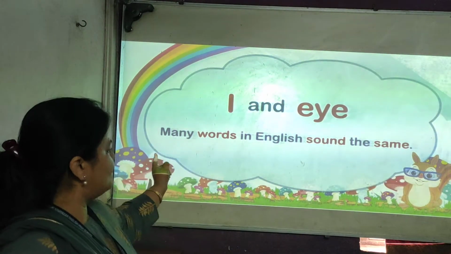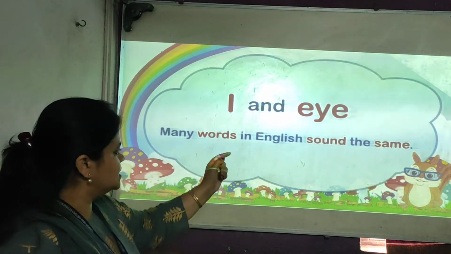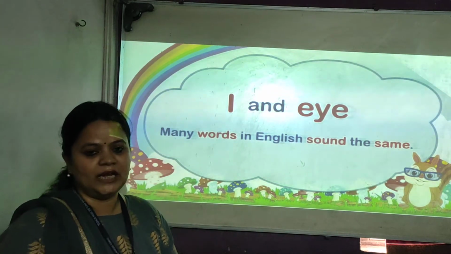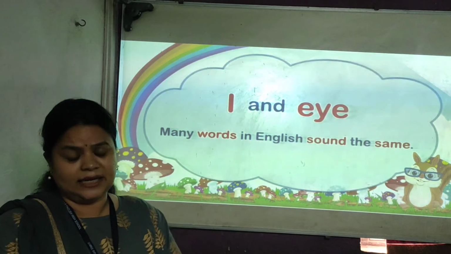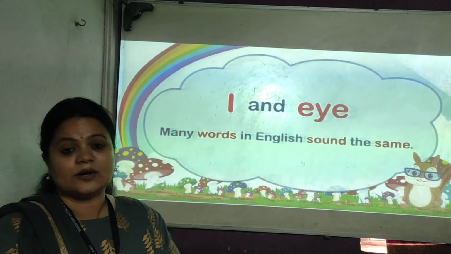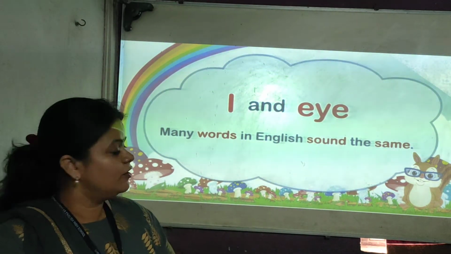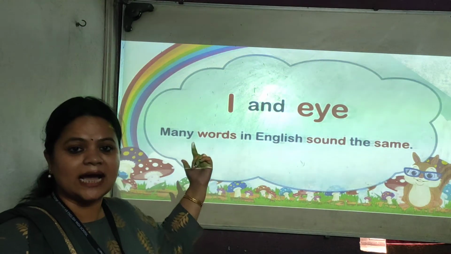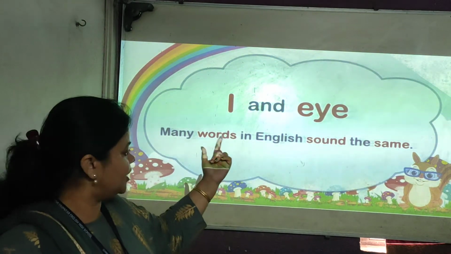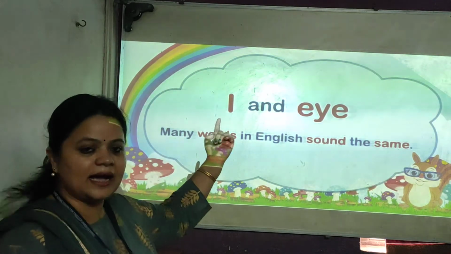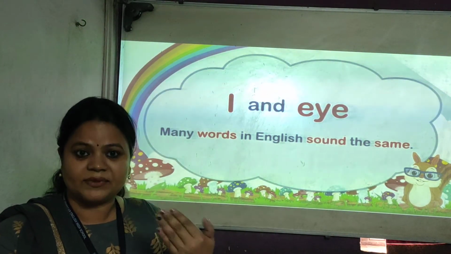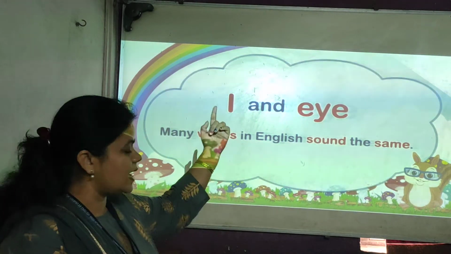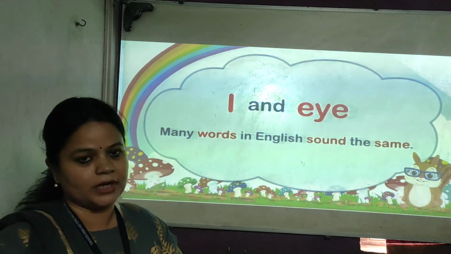Many words in English sound the same. When you read the words in English, it seems that they sound the same, but both the words have different meanings and different spellings. I means you are telling something about yourself, whereas eye is a part of your body.